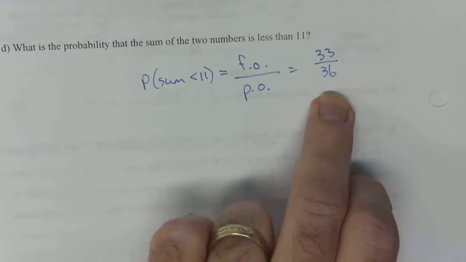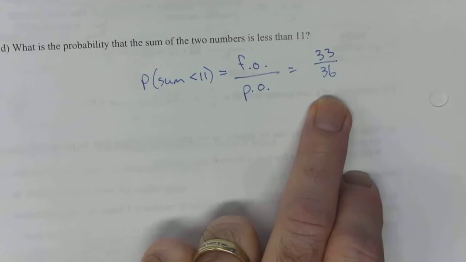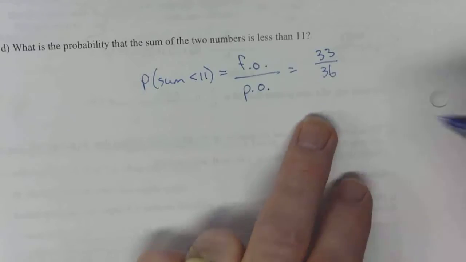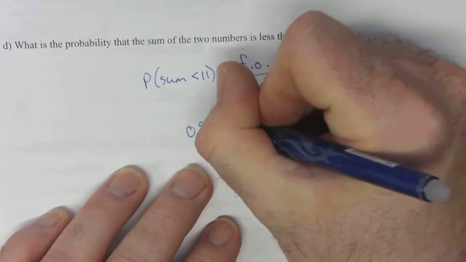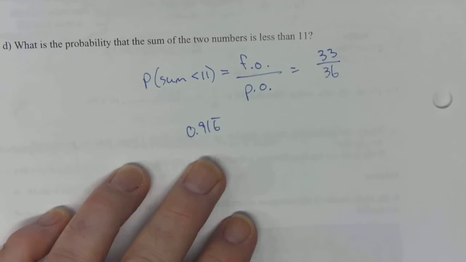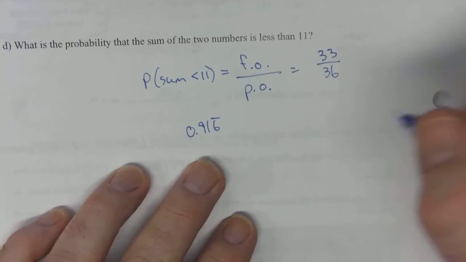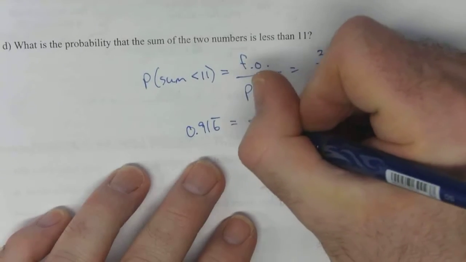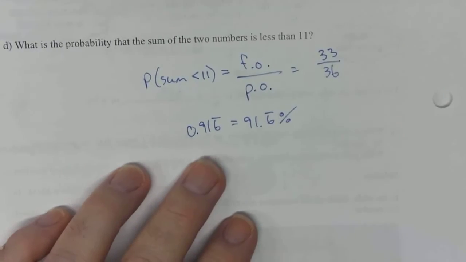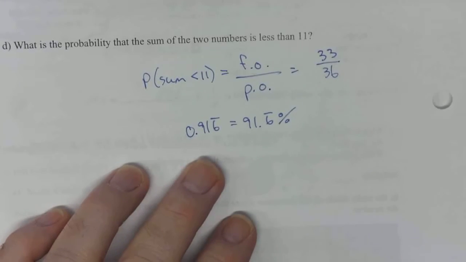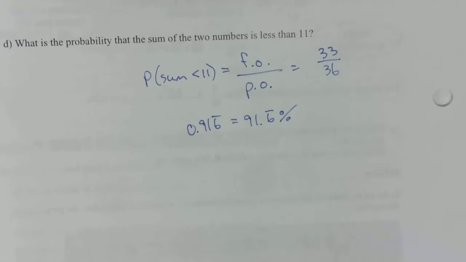So 33 out of 36 is your fraction. When you do that on your calculator, 33 divided by 36, that works out to be 0.91 and then a repeating 6. So as a percent, that's 91.6 with a bar over the 6 percent. So that is the probability of a sum less than 11.